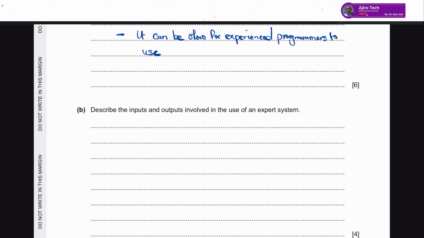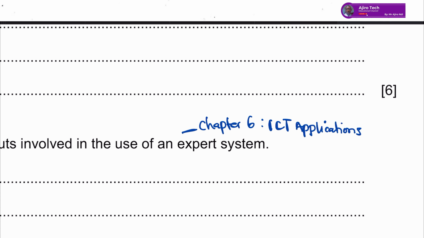Now, when we talk about expert system, this is something you see in chapter 6, ICT application. And you probably see it in 6.8. Now, expert systems are developed to mimic the expertise.